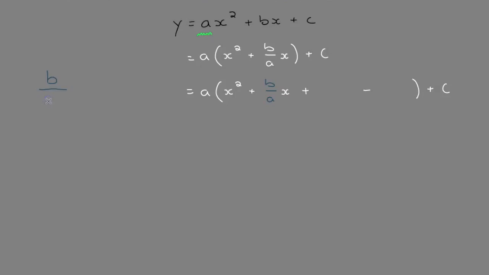So that'll give us b over 2a. And square it. Squaring it will give us b squared over 4a squared.